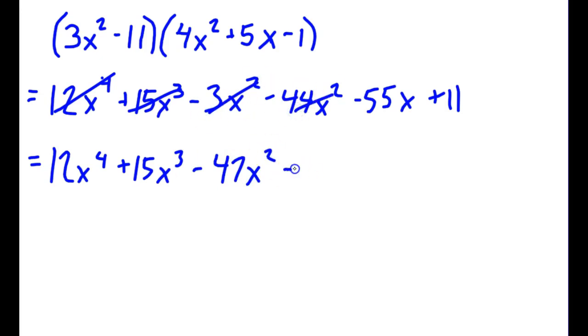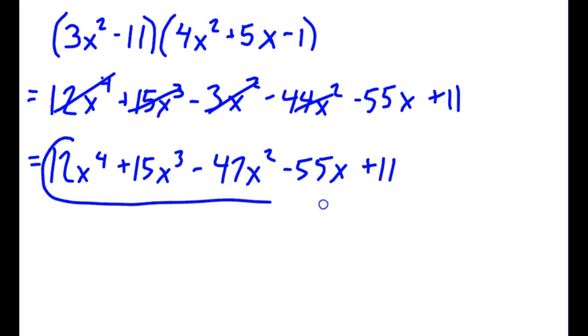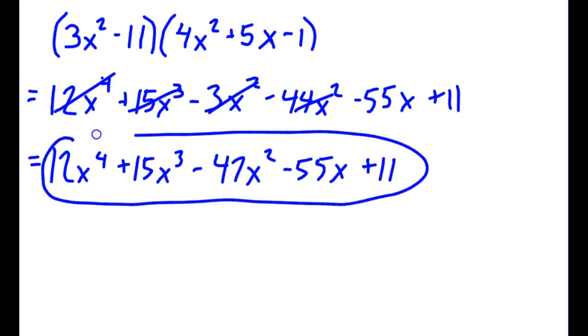And at the end, minus 55x plus 11. We started with two polynomials, multiplied them together. Our result is still a polynomial. Polynomials are closed under the operation of multiplication.